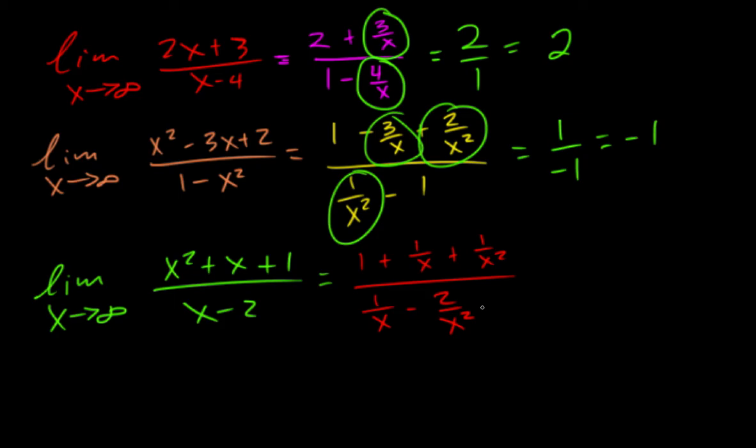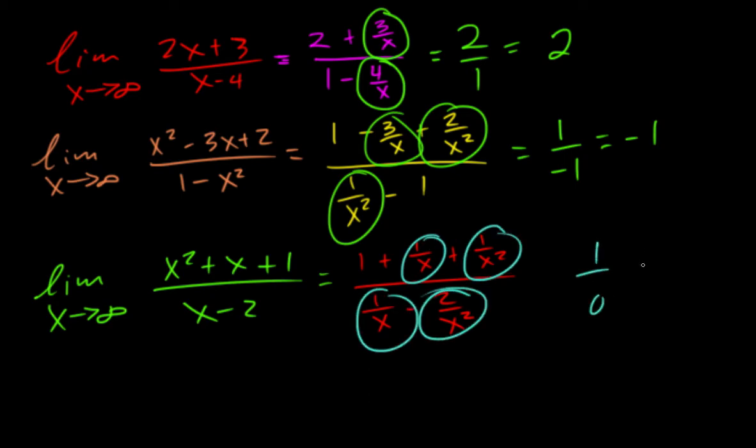Now, if we do that, this, this, this, and this all go to 0. So we have 1 over 0, and so it does not exist.